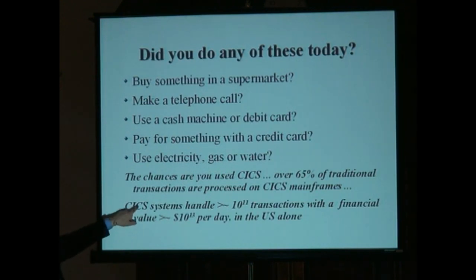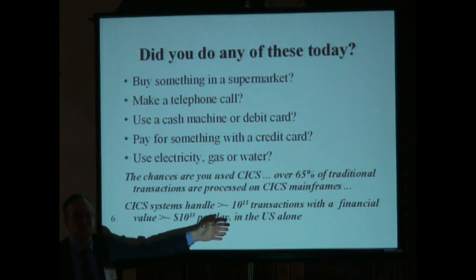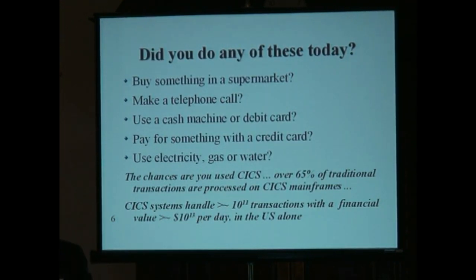And this is an understatement, because in the US alone, one bank, State Street Bank, told us they're processing this amount of money through their CICS systems every day in financial settlements. So worldwide, obviously the number is probably a bit more than that.